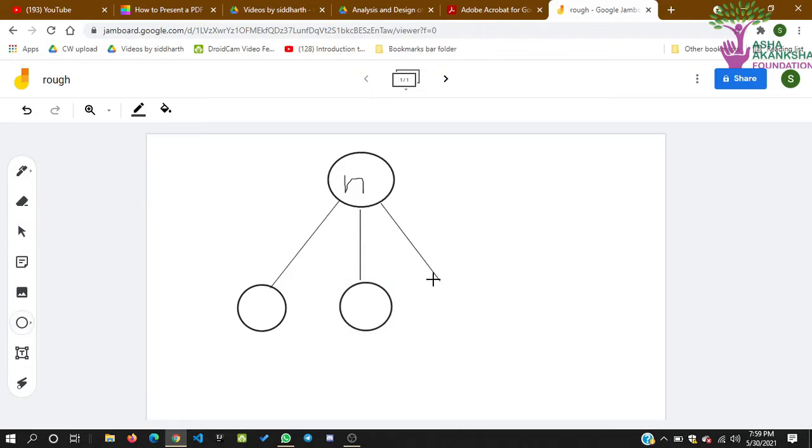So by our assumption, all of the three subproblems should have equal size, and hence the function call should contain the size of the subproblem to be n by 3 for all of them. And this is basically the assumption that we are following. We are dividing it in such a way that all of the subproblems have equal size.